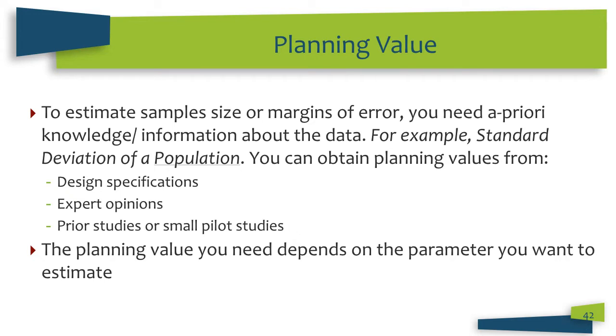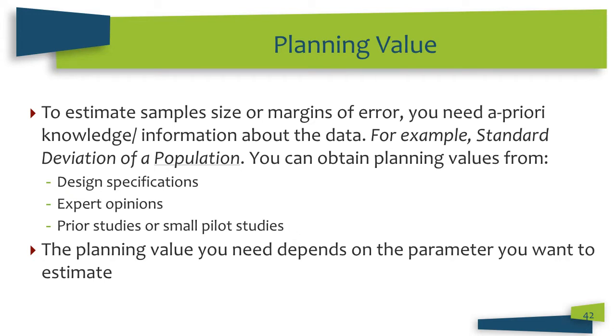Well, we don't know, but we know the way Islamabad is designed. We can estimate the size of houses in various areas. We can estimate how many people generally live in a single house. So roughly, we can arrive at that value of the average number of people living in a sector in Islamabad. Similarly, we can obtain these values from experts, the people who know whatever you are studying in very much detail.